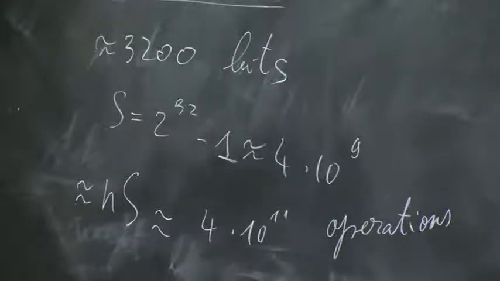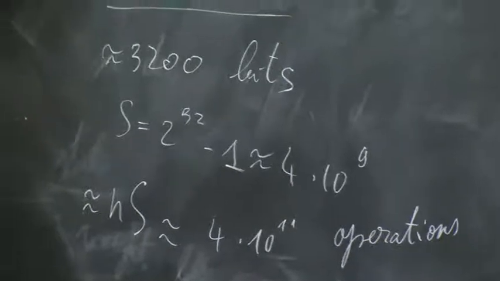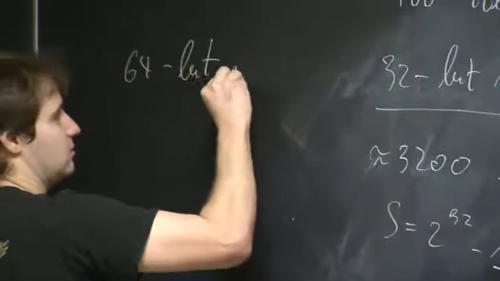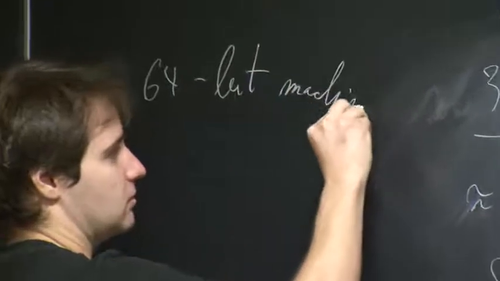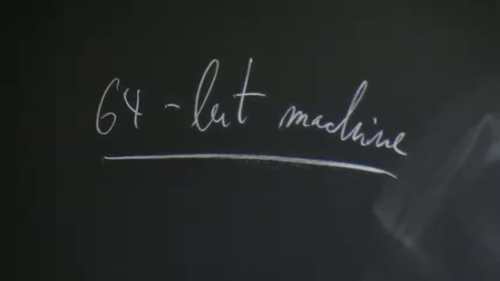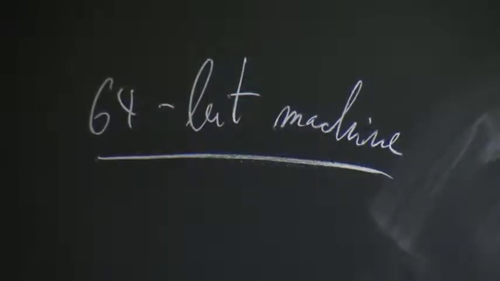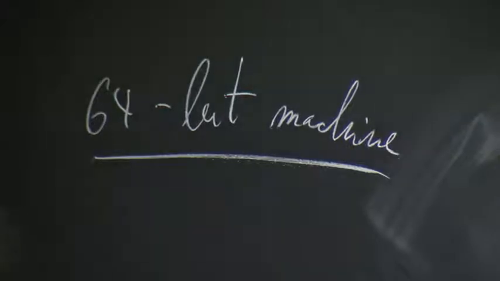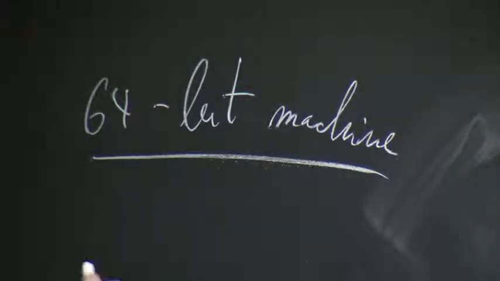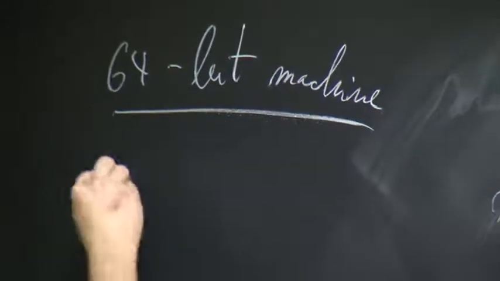Okay, now suppose we're looking at the worst case input on a 64-bit machine. Still 100 items. So what's the input size? Let's go through it step by step. How many bits of input? That's 6,400.